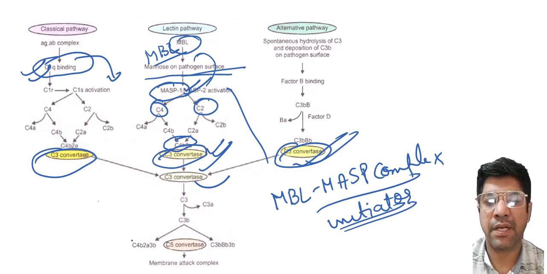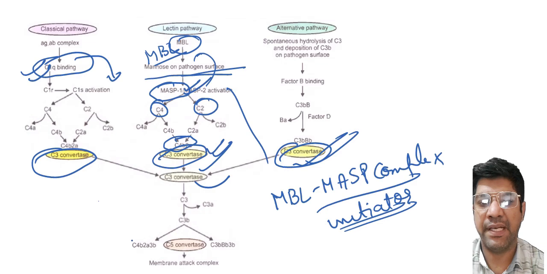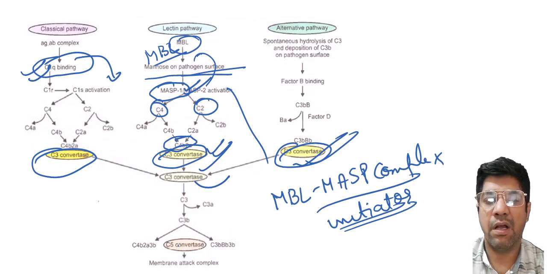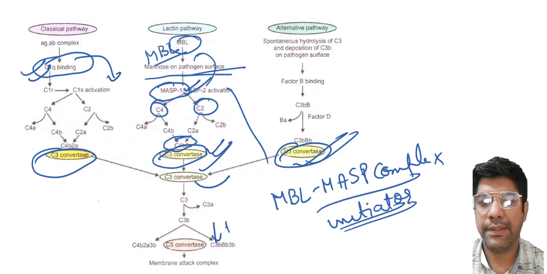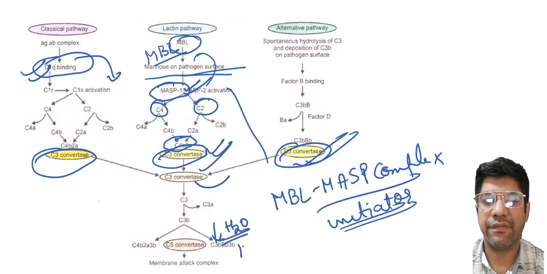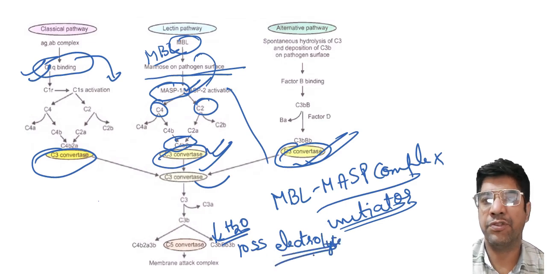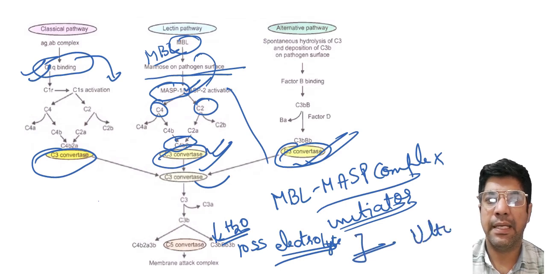That disrupts the osmotic balance of the cell, leading to water entry and loss of electrolytes. As a result, the target cell cannot maintain its osmotic stability. That is why it is ultimately killed.